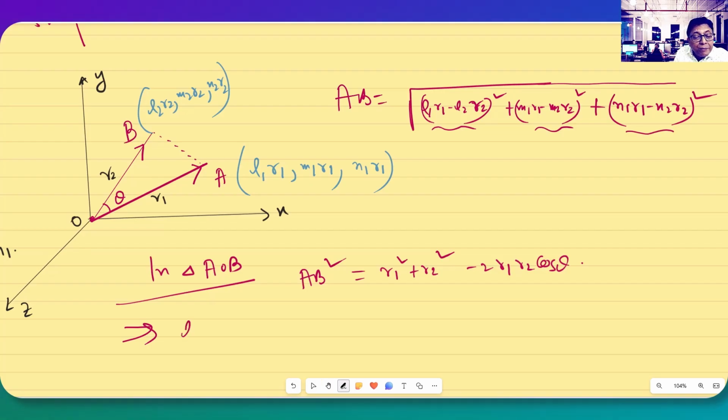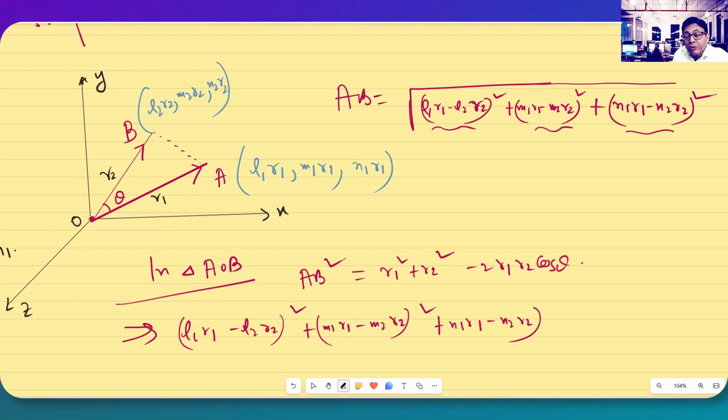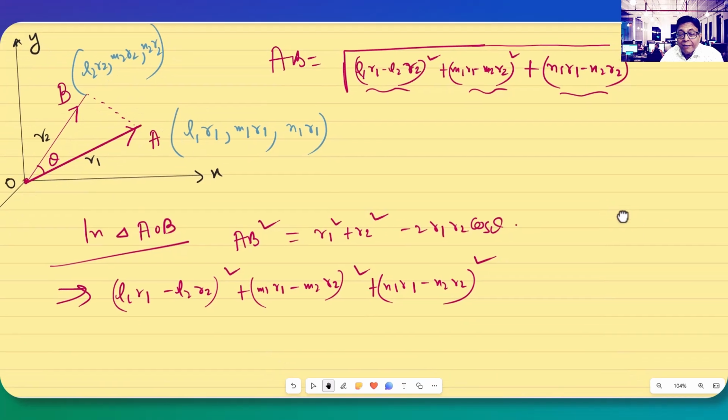So it will be L1 R1 minus L2 R2 whole square, plus M1 R1 minus M2 R2 whole square, plus N1 R1 minus N2 R2 whole square. Okay?